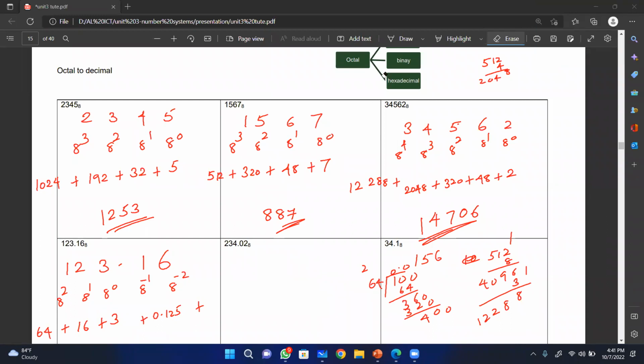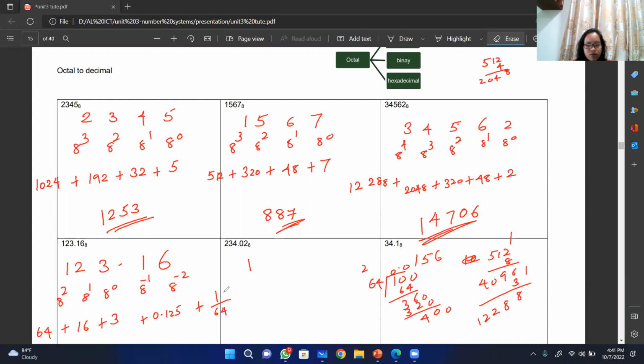Teacher, I got 83.25 to the base 10. What about the place value here? 8 to the power minus 2, how much? Teacher, I wrote 1 over 8 plus 8 to the power negative 2 into 6, 1 over 64 into 6.